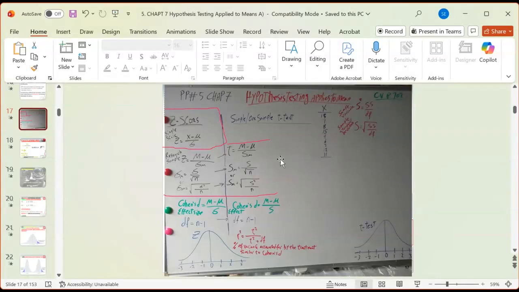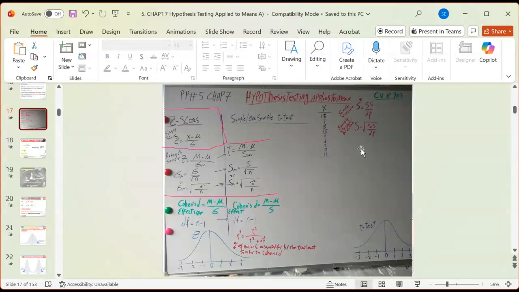But they both are standard error. And you notice that for the Z it was sigma M. Sigma is the standard deviation. We need to know the standard deviation or variance for the population. But for the t-test, we don't have the population. We need to use our own standard deviation, our own means from the sample.